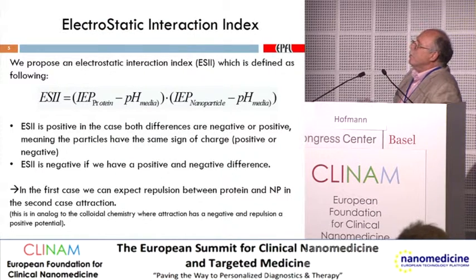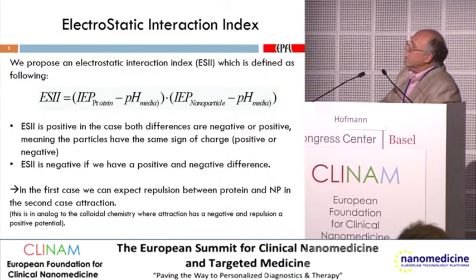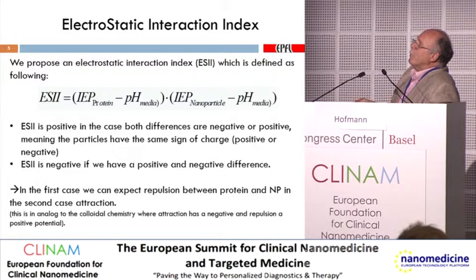What we can do is look at the isoelectric point of the particle and the pH where we are, and at the difference between the isoelectric point of the protein and the pH of the media. This means we can have a negative charge on the particle, a negative charge on the protein, or we can have a positive charge on the protein and a negative one on the particle, and so on.